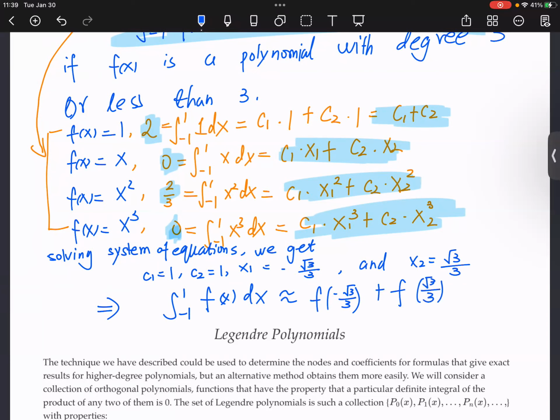This is the Gaussian quadrature rule on the interval -1 to 1, with 2 nodal points.